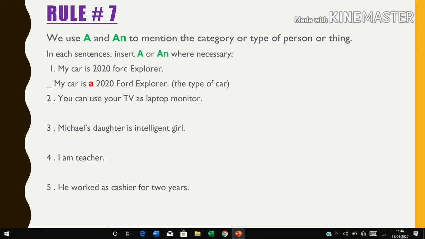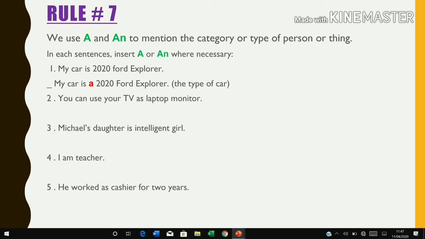And let's move on to rule number 7. Sorry. Okay. We use "a" and "an" to mention the category or type of person or thing. To understand this, I have a small exercise for you.